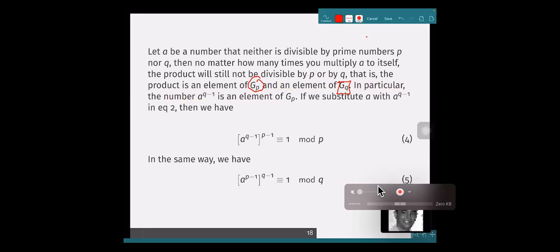Now we have shown that any power of a is an element of G of p. Then it follows that a to the q minus 1, which is a special number for us, is also an element of G of p. In other words, it doesn't have a common factor with p.